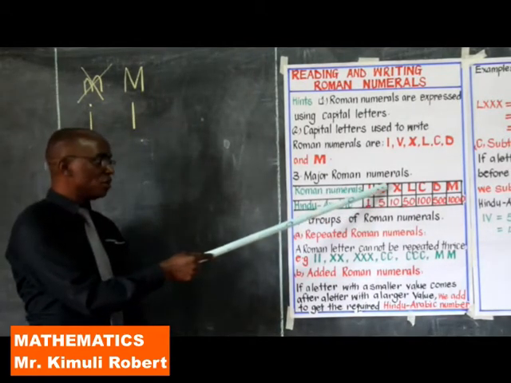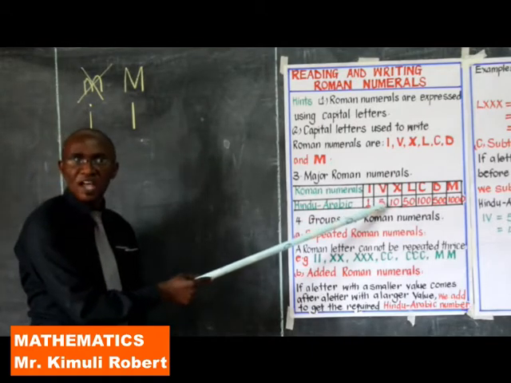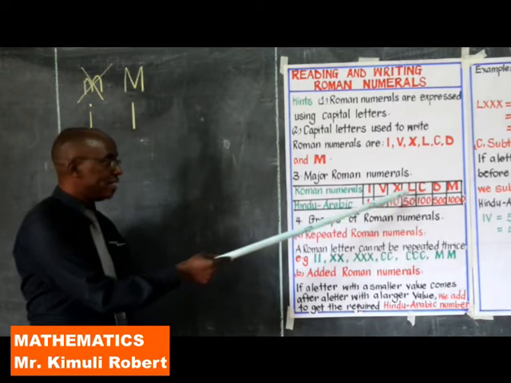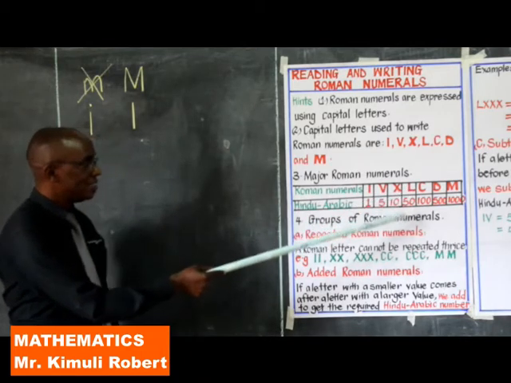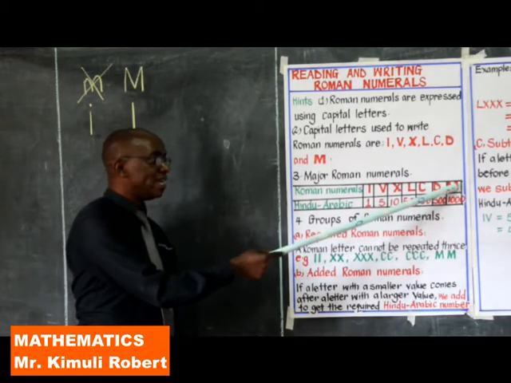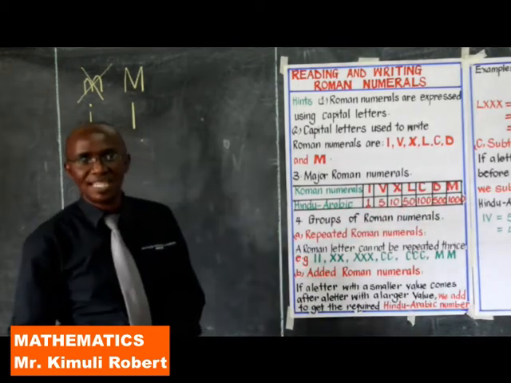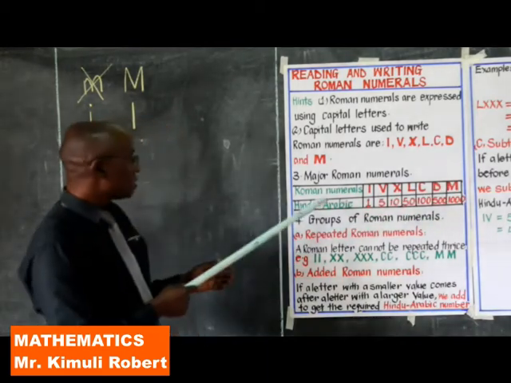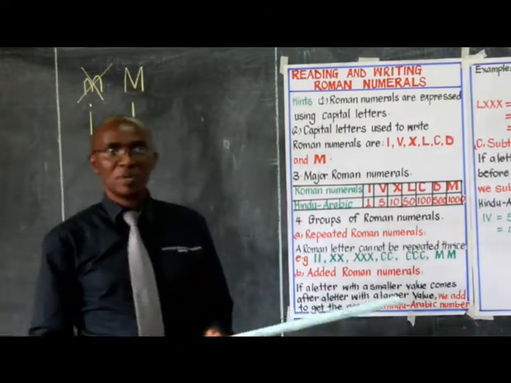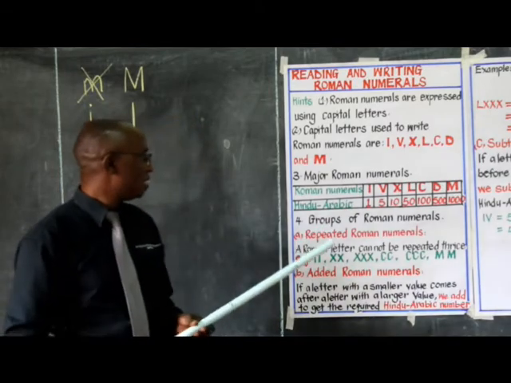V is 5. X is 10. L is 50. C is 100. D is 500. And M is 1000. Those are the major Roman numerals, or what we normally call the basic Roman numerals.